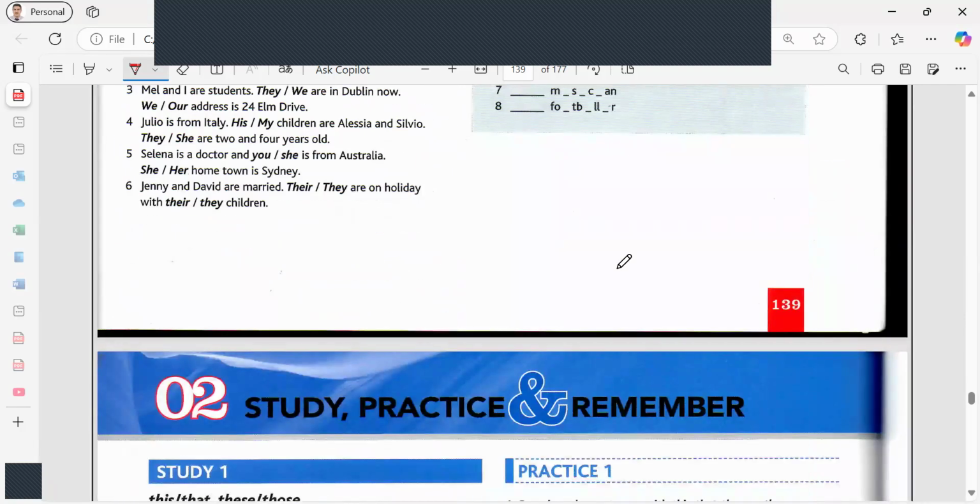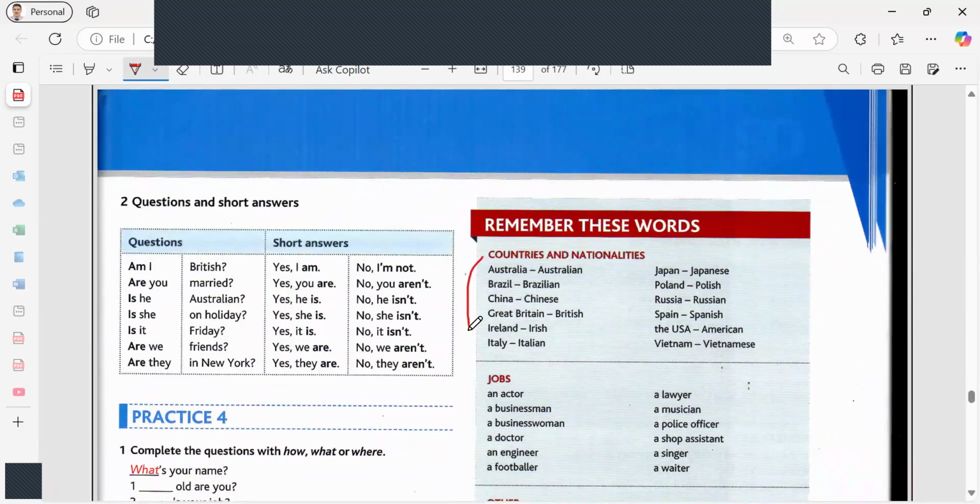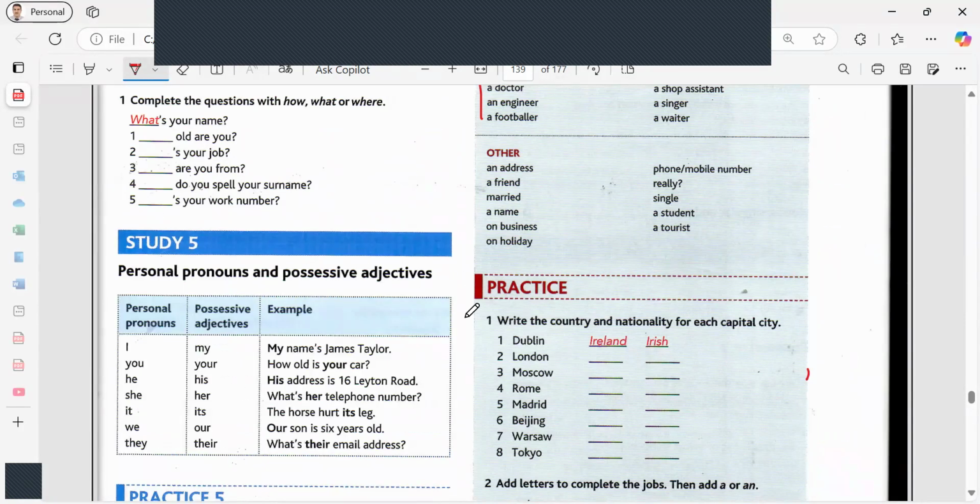Here, remember these words. Unit 1, for example: here the key words, the most important words in Unit 1, like jobs, countries, nationalities, and here, other. Other here means more vocabulary, more different vocabulary.